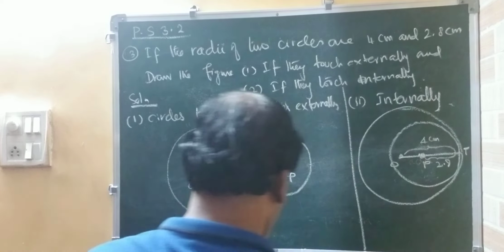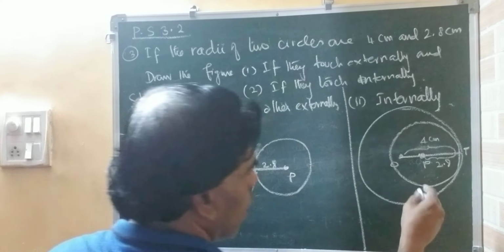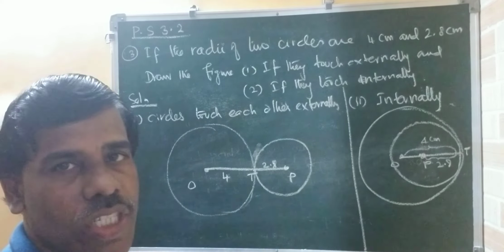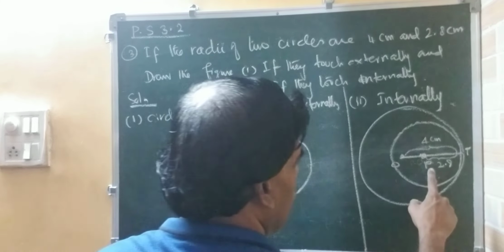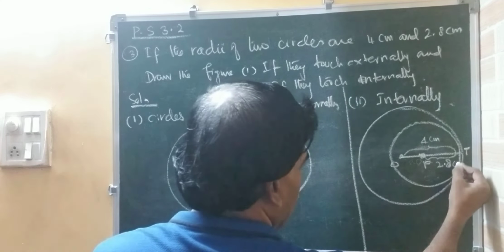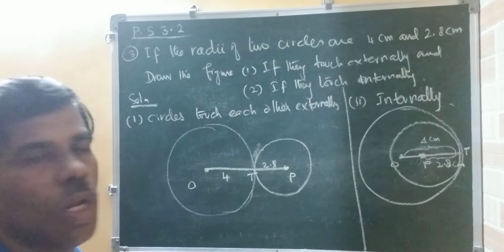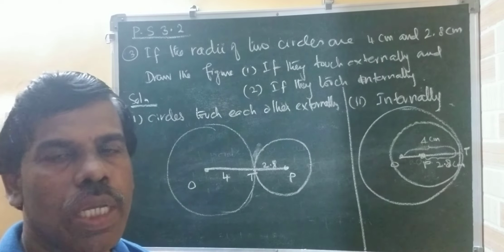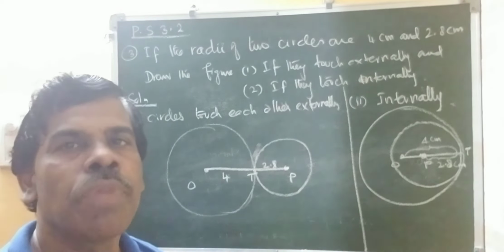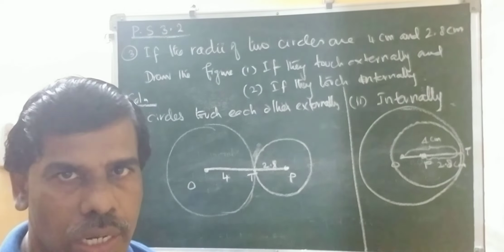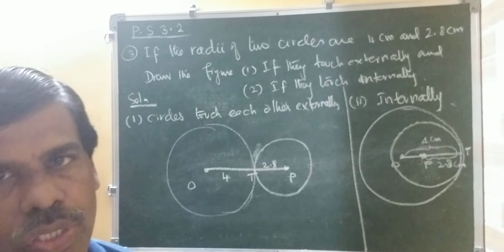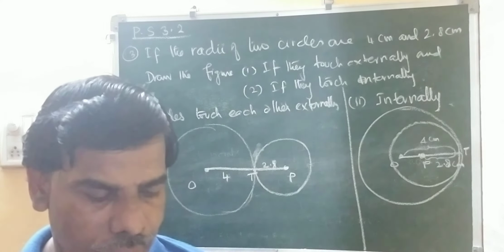So, listen, what is the radius of the bigger circle? 4 centimeter. What is the radius of the smaller circle? 2.8 centimeter. This is how you will be able to draw circles touching internally and circles touching externally from the given radii of the two circles. That is all. Remaining sums you can try.